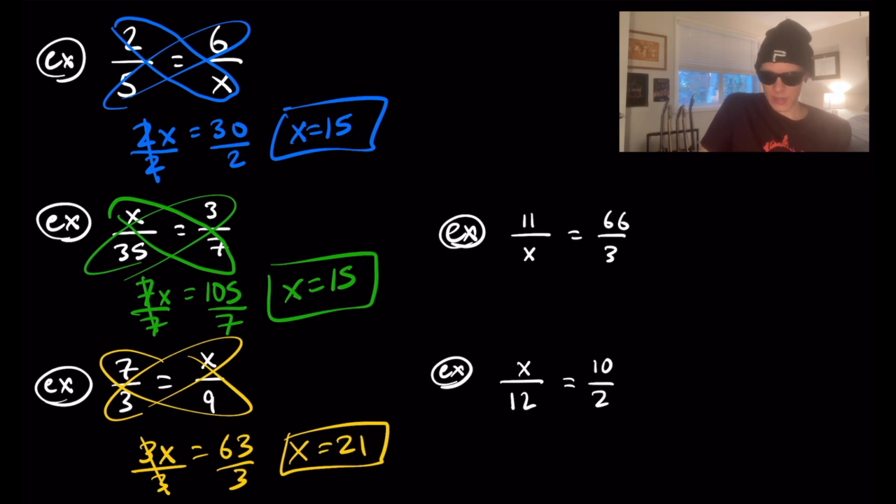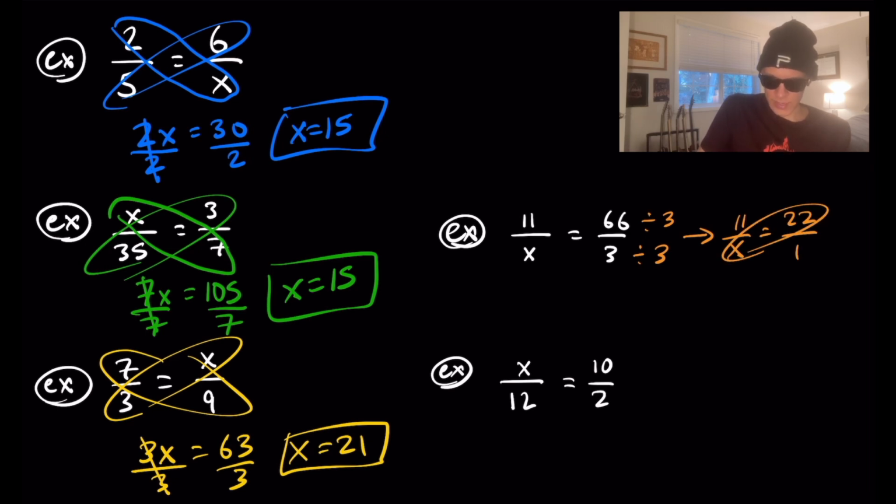All right, 11 over x is equal to 66 over 3. I know 66 and 3 are divisible by 3, so let me simplify that fraction real quick by dividing both of them by 3. So now I'll have 11 over x is equal to 22 over 1.